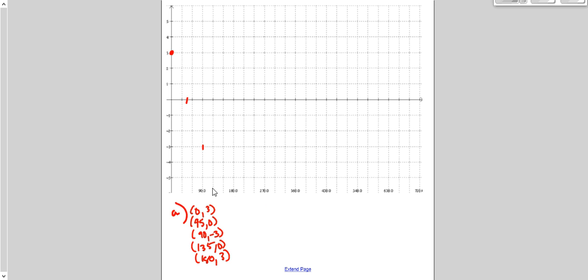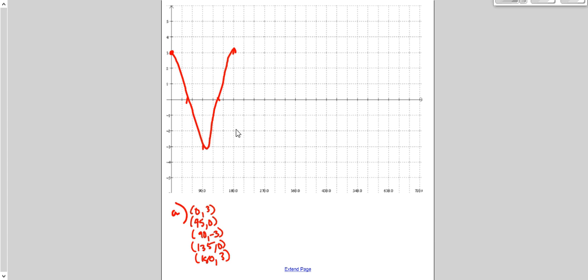At 135, so 135 is right here, halfway in between the 120 and 150. I'm back at 0. And then 180 right here, I'm back up to 3. So notice how it compressed this cosine function so that it all fits in. It's like it squished it along our x-axis, all fit in by 180 degrees.